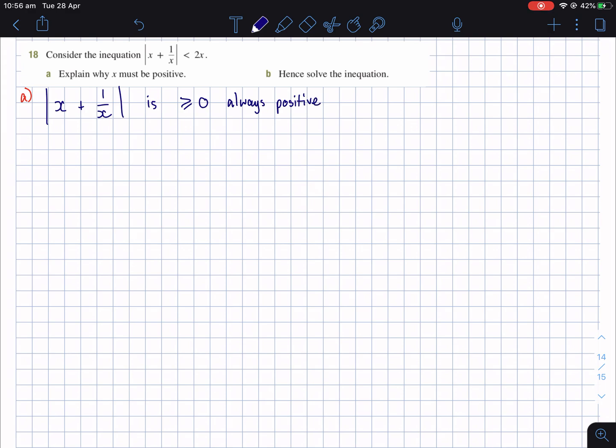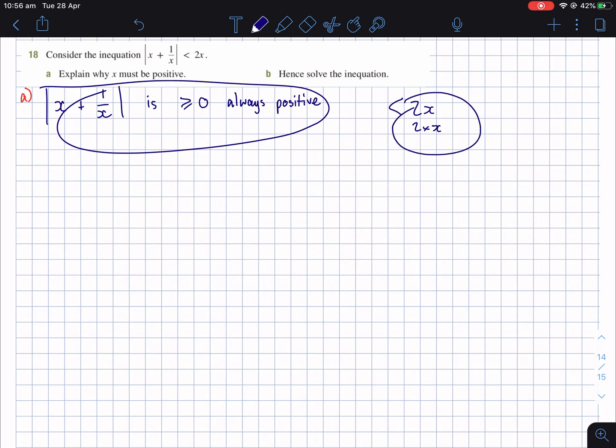And they're saying this positive number is less than 2x, which is 2 times x. If this thing is always positive, then this thing must always also be positive because it's bigger than it. It's further to the right. So 2x is bigger than or equal to |x + 1/x|.